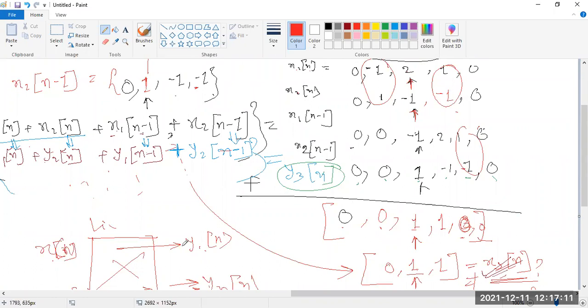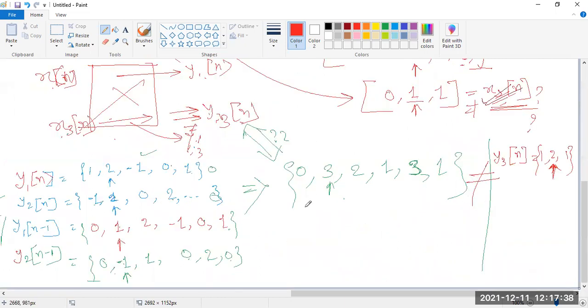But the corresponding output will be y1 of n, y2 of n, y1 of n minus 1, y2 of n minus 1, so it will not produce y3 of n. The input will produce x3 of n, but does not produce y3 of n, because these are not equal.